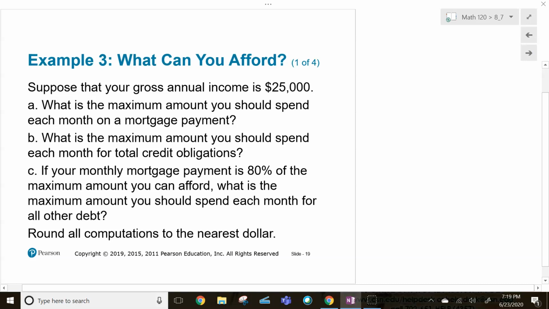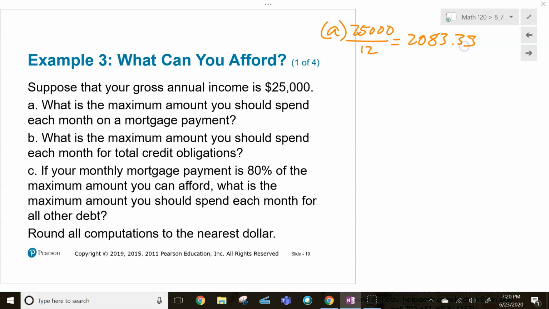Suppose your gross annual income is $25,000. What's the maximum amount you should spend each month on a mortgage payment? Well, part A, $25,000, and each month, so let's divide it by 12. So we have in gross income 2083.33. So approximately, let's round this to 2083, right?